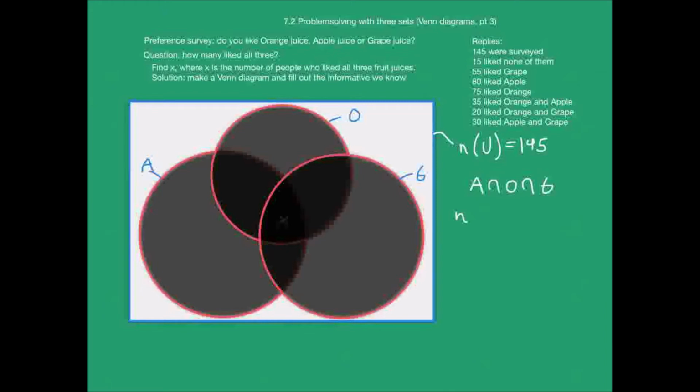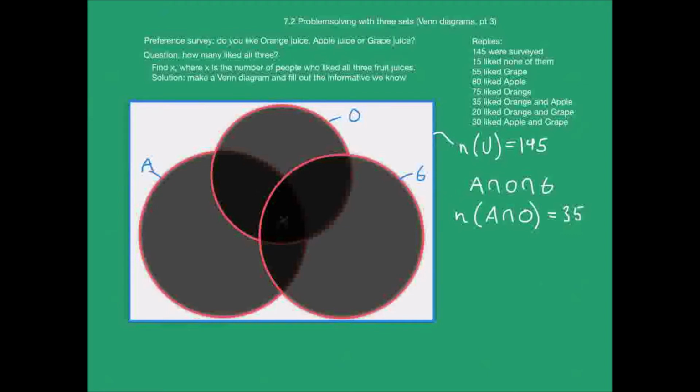So we have the number of elements in the intersection A and O. So these are the people who liked apple juice and orange juice. So we know that they are 35. And that would be, apple juice, orange juice, so that's this area here.